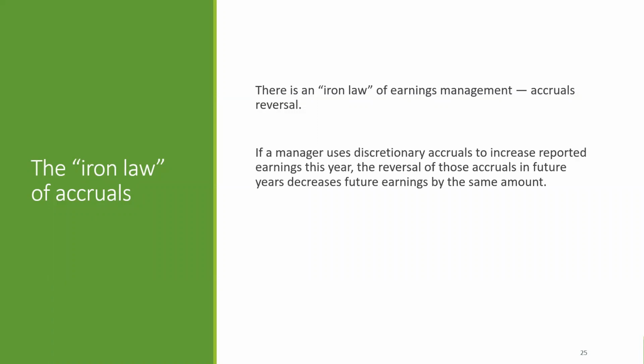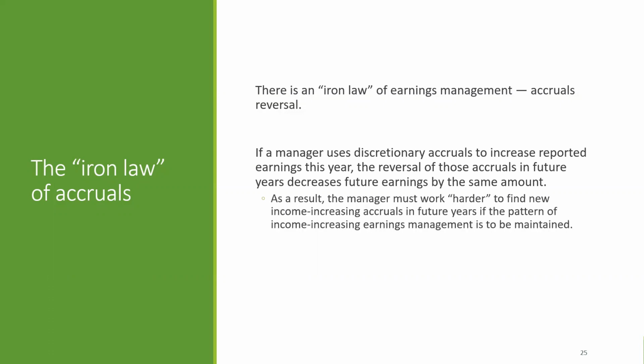So if a manager is using discretionary accruals to manage reported net income, they're going to find it very hard. They're going to have to do it again, right? So if they increase current year's revenue by 10 million by reporting this year $10 million of revenues that are going to happen next year, well, first of all, next year they will have to make up for the $10 million shortfall. And if next year they again want to increase reported earnings and reported revenue, they'll have to then borrow more revenues from their next year.